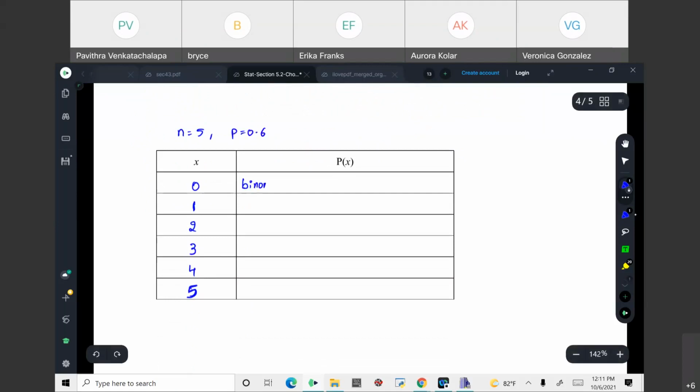Find the binomial PDF. Use your calculator and find for this. You just have to change the x values. Do this and tell me the answer. And so on. Remember, there is only change in the x values. Everything is going to be the same.